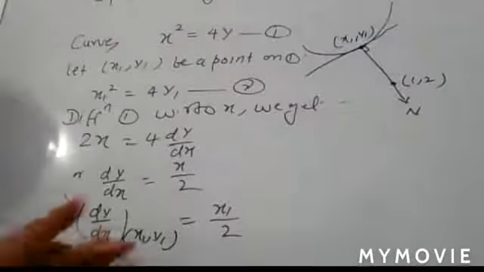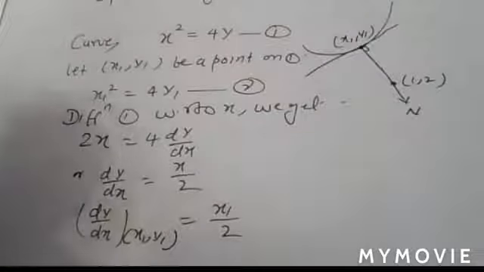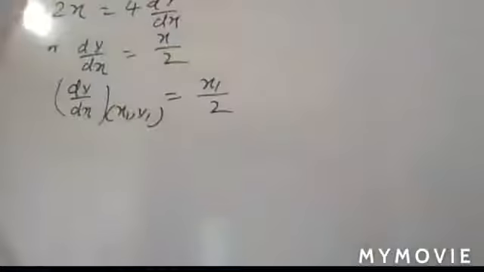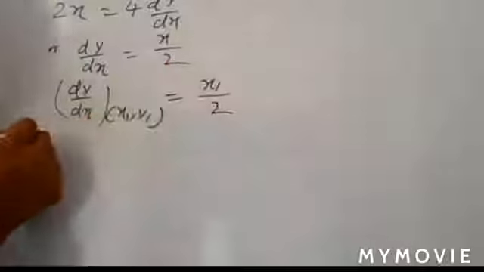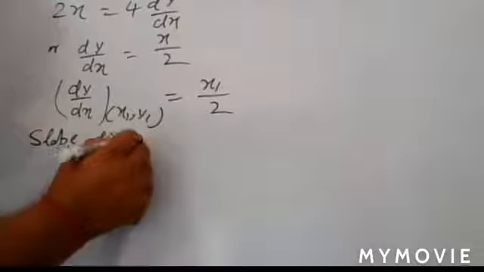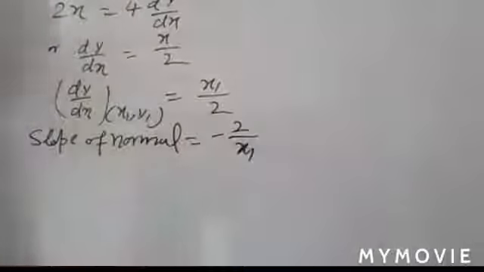So that gives the value of slope of tangent. If the slope of tangent is known, you can find the slope of normal also. Slope of normal is minus 2 upon x1.